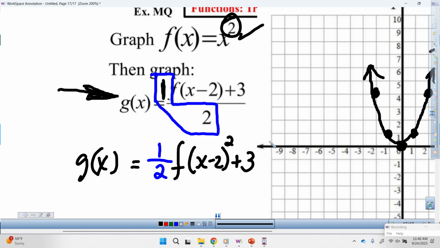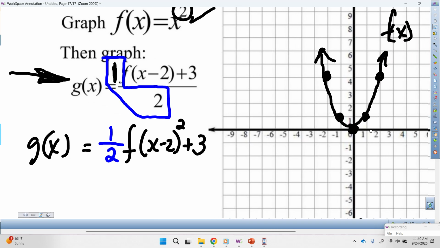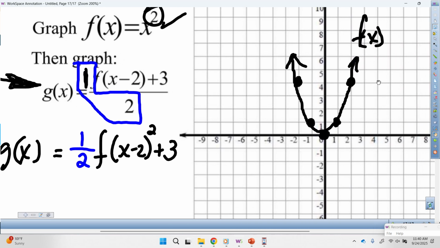Yes? So, now that we have that, turn to your neighbor, let them know where we're going to move the points at the end. Where do we move the points at the end? I'm going to use red for the end.